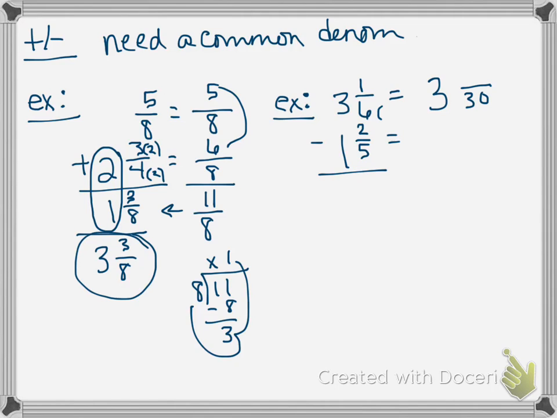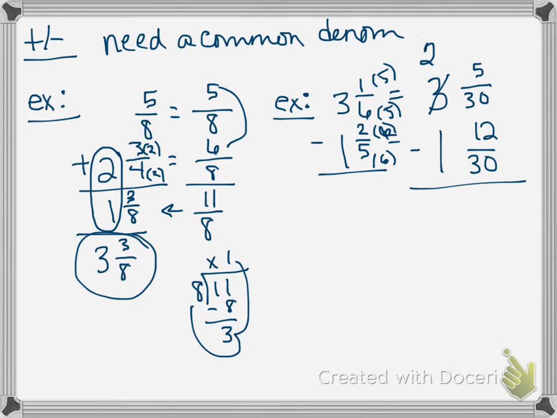To get to 30, I have to say 6 times 5. What I do to the bottom, I do to the top. So 5/30 minus 1, and 6 times 5 is 30. So 6 times 2 is 12. Now, more on the floor, go next door. You cannot take 12 from 5. So we're going to borrow from our 3.